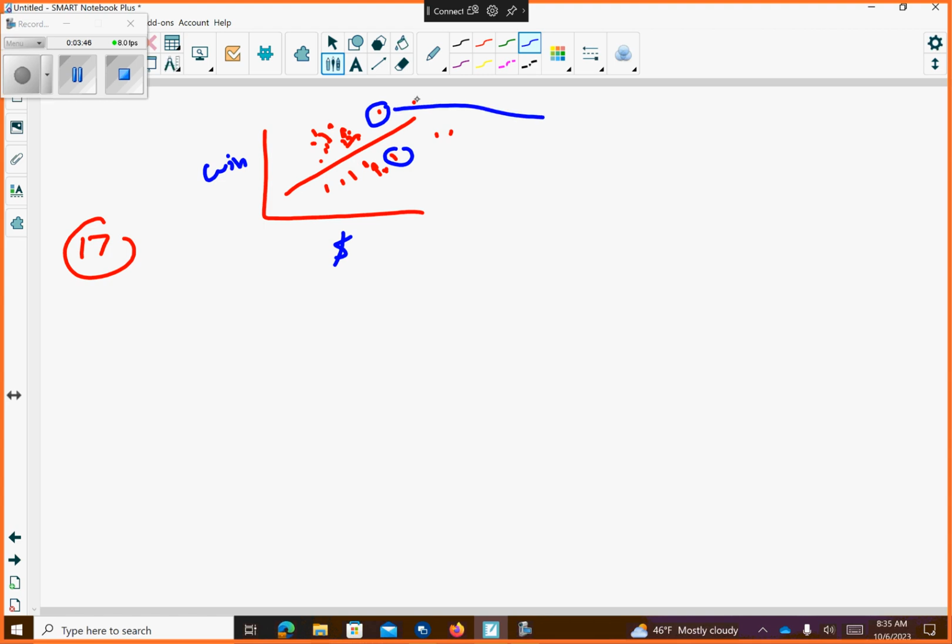So if you were this value, you are paying too much. The ideal candidate there would be if you were below it, meaning that your line of best fit, which was predicting how much you'd pay, would be exact. But if you were one of these guys over here, you're paying the least amount of money and getting the most amount of wins out of it. So you're saving money, but winning some games.